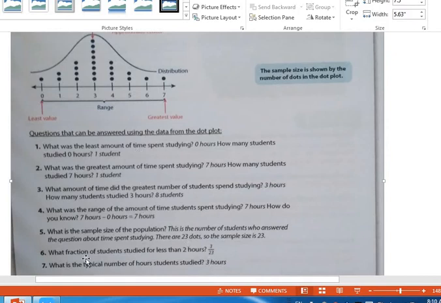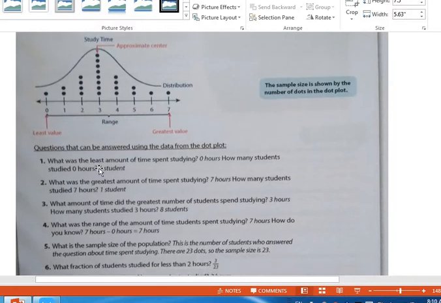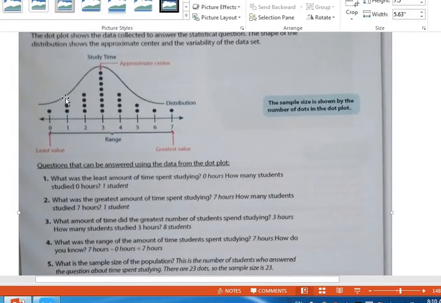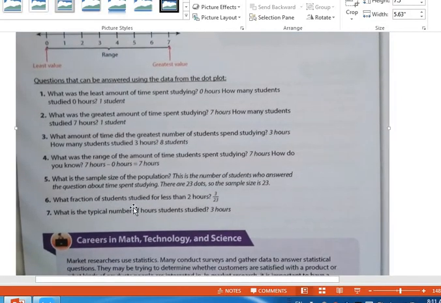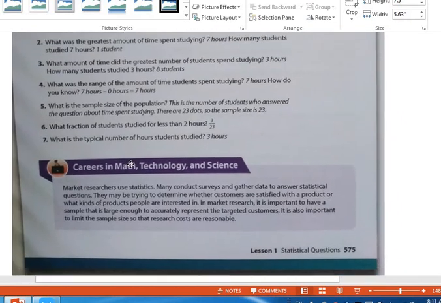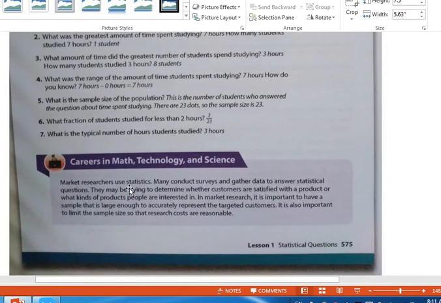I have here also, what is the typical number of hours students studied? About here, how many hours? 3 hours. Here the typical, the approximate center, gives me 3 hours. So these are the questions and answers of the dot plot.